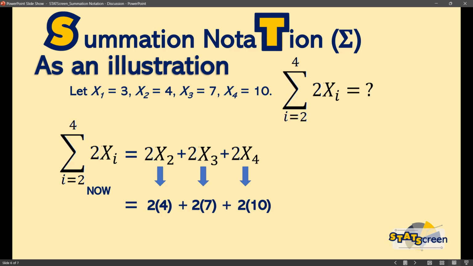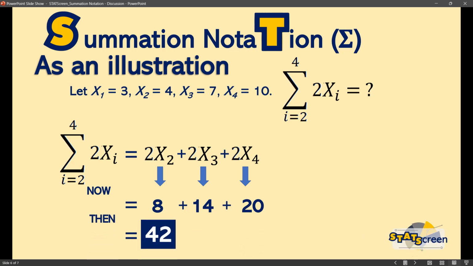Take note, we will not use 3 since the first addend in our summation notation is x sub 2, not x sub 1. 2 times 4 is 8, 2 times 7 is 14, and 2 times 10 is 20. Then, the result is equal to 42. This is the result for the summation of 2x sub i, where i starts from 2 to 4.